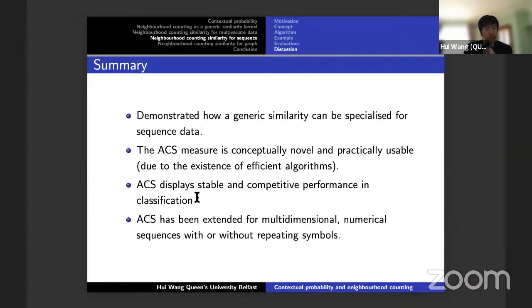And the ACS has displayed stable and competitive performance in classification, as shown in my evaluation. And the ACS has been extended for different types of cases under different constraints.